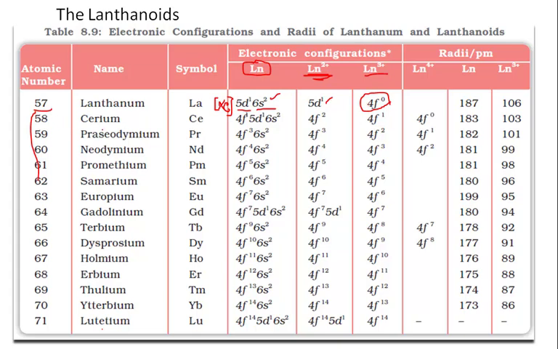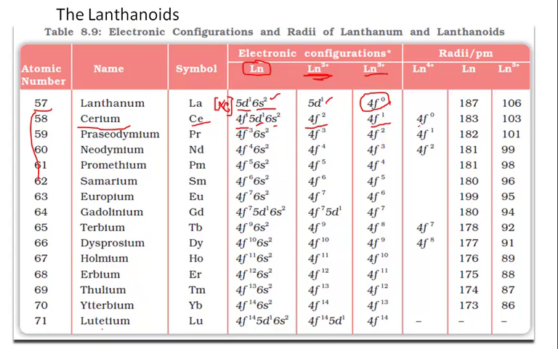The first element which involves the filling of the F subshell is cerium. Its symbol is Ce, atomic number 58, and configuration 4f1, 5d1, 6s2. Likewise, when two electrons are removed, electron shifting takes place from 5d to 4f, so it will have 4f2 electronic configuration, and in the +3 oxidation state 4f1.